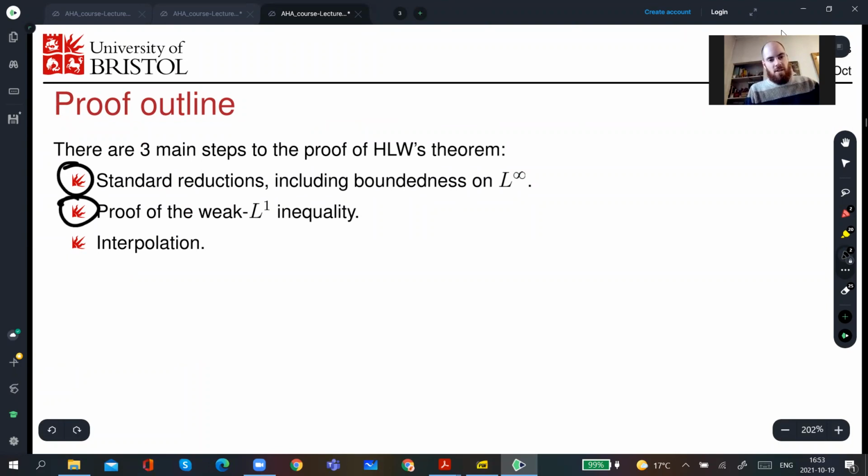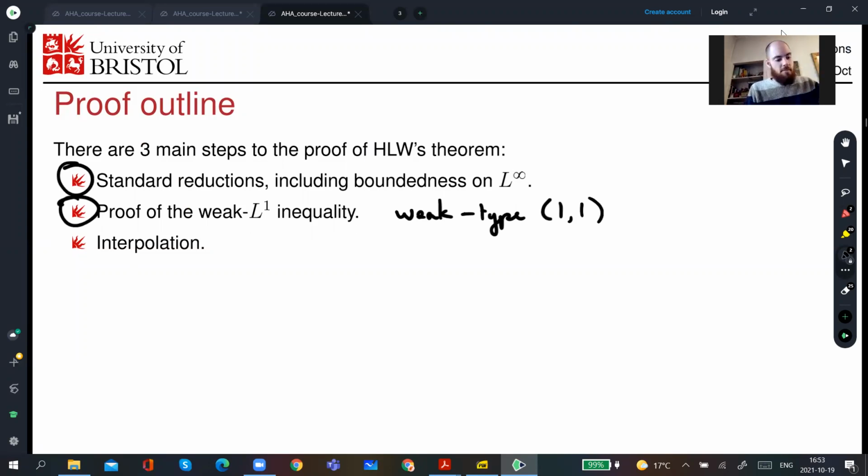We'll do some standard reductions to get down to proving a weak L1 inequality, or weak type 1-1 inequality, as it's also known, for sufficiently nice functions, and that's good enough for all L1 functions. Then in the next lecture, we'll probably go on to interpolation. That tells you how to use this weak 1-1 inequality and the L infinity inequality to get all the L^p inequalities in between.